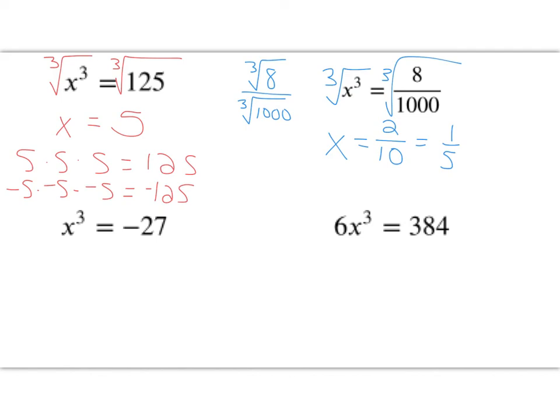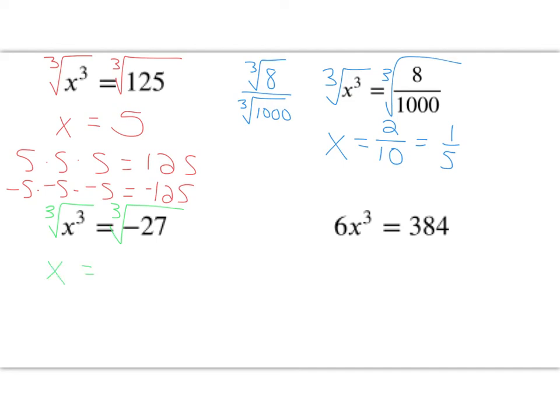Now, here's another way that cubic equations are different from squared equations. A squared equation can have two solutions. It can also have no solution because you can't take the square root of a negative number. But look at this one. x cubed equals negative 27. If I take the cube root of both sides, the cube root of x cubed, those are inverse operations, that's x.